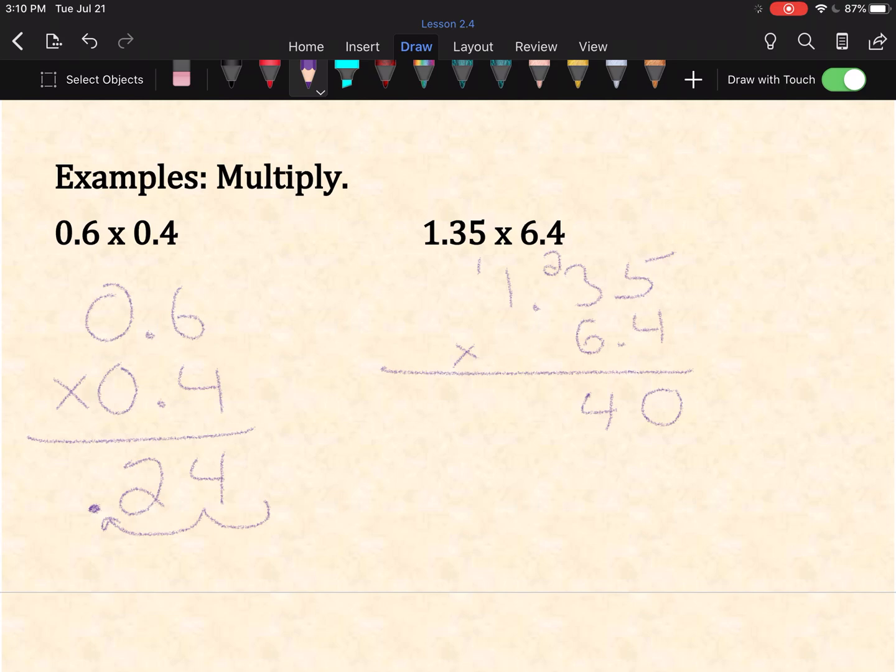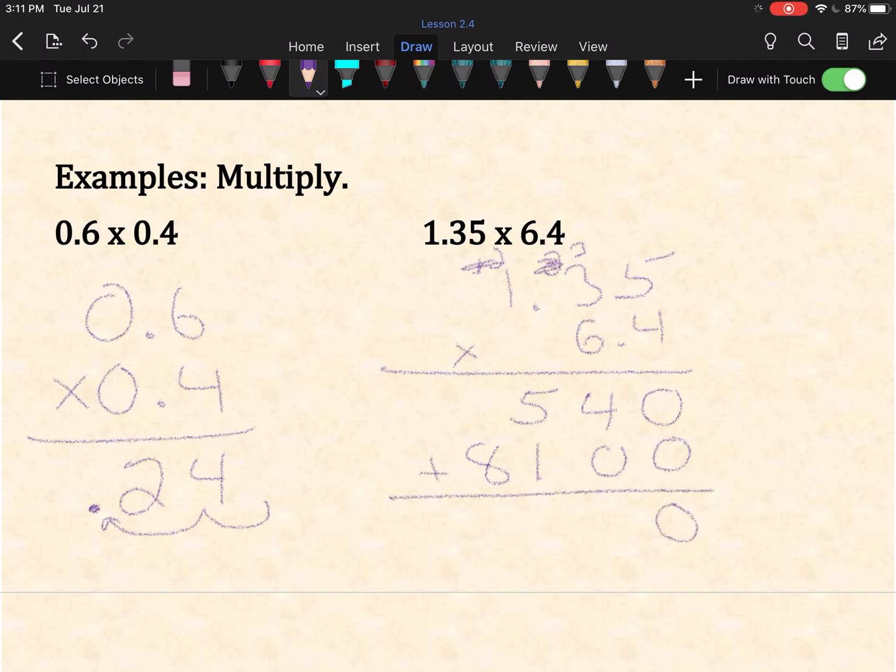And 4 times 1 is 4, plus 1 is 5. Second line will start with 0. 6 times 5 is 30, carry the 3. 6 times 3 is 18, plus 3 is 21, carry the 2. 6 times 1 is 6, plus 2 is 8.